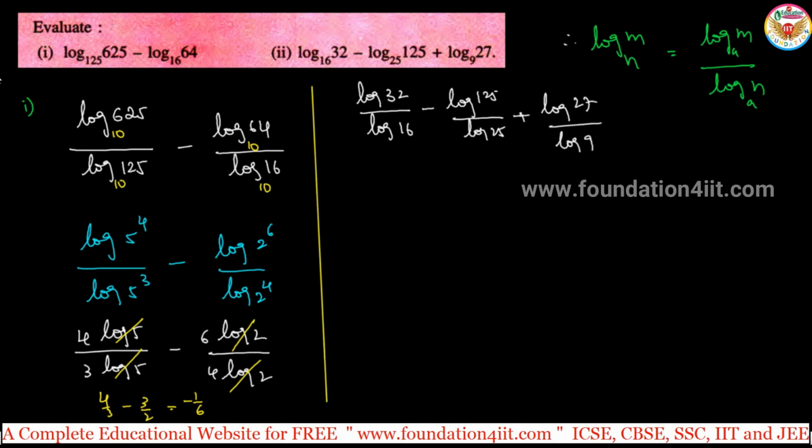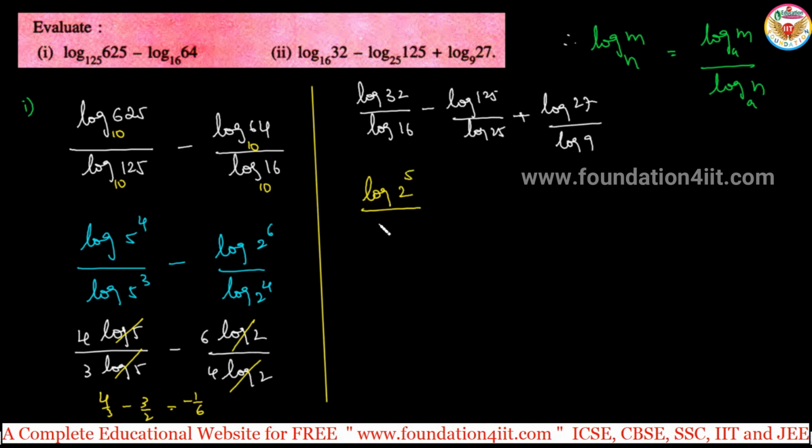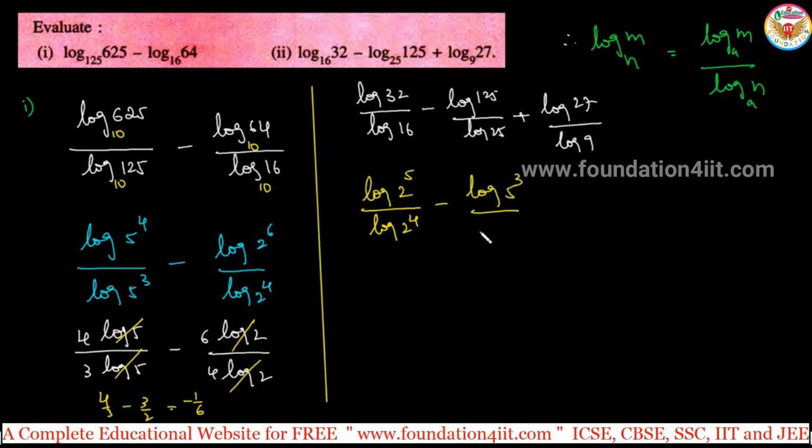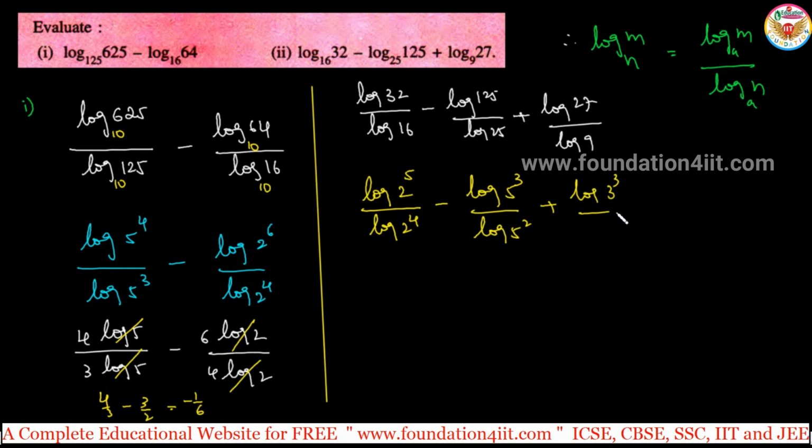Now write in exponential form, with powers, using the prime factorization method. So 32 we can write as 2 to the power 5, by log 16, which is 2 to the power 4, minus 125 is 5 to the power 3 by log 25 which is 5 squared, plus log 3 cubed by log 9 which is log 3 squared.